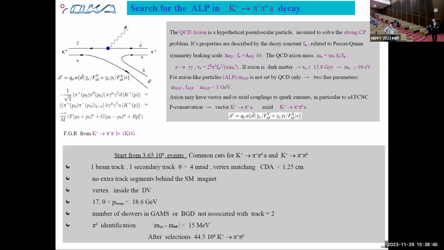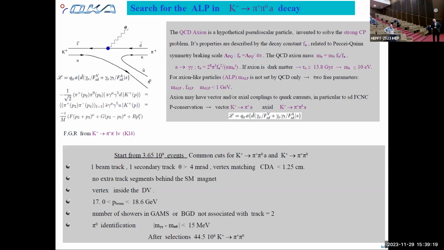Its properties are described by just one constant, f sub a, and for example, the mass of the axion is proportional to the pion mass and to the ratio of f pi to this f sub a. The axion decays to 2 photons. The lifetime is also defined by f sub a. It's proportional to f sub a to the 5th power.